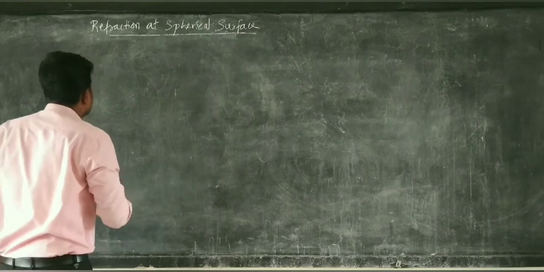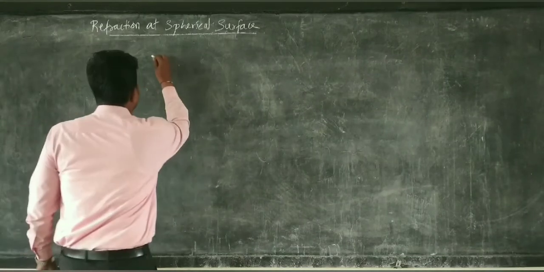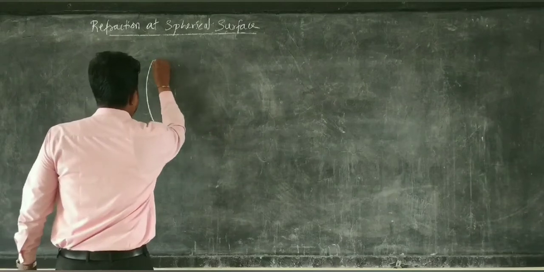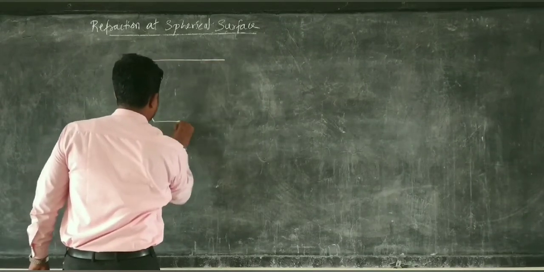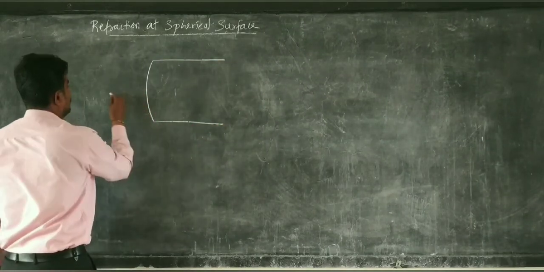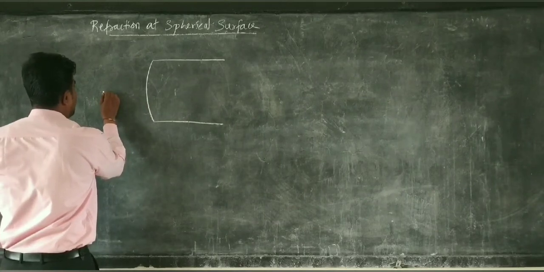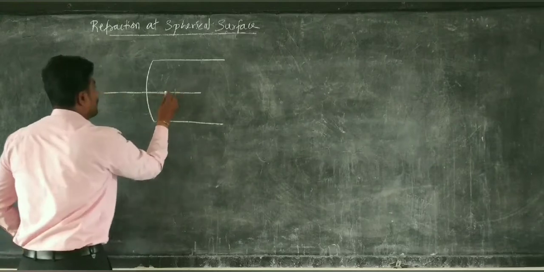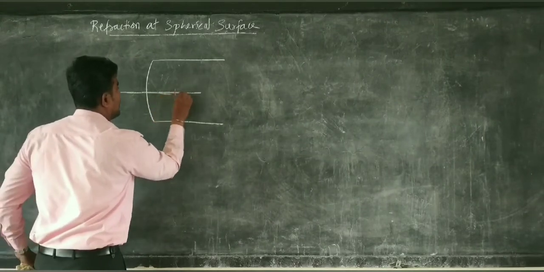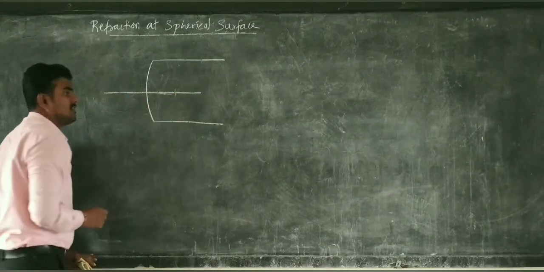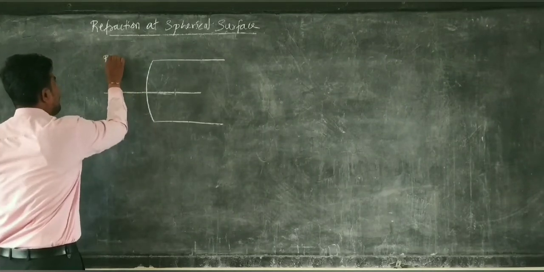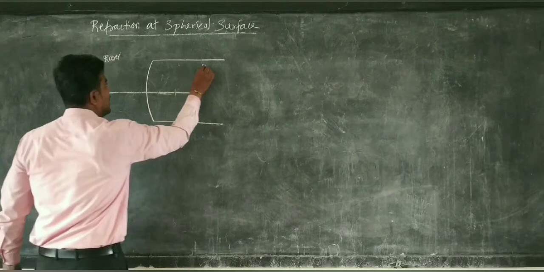For that, we shall consider a spherical refracting surface. This is the principal axis. What type of spherical refracting surface is this? This is convex, because this is rarer medium and this is denser medium.